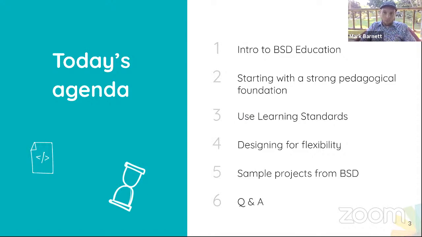First step is starting with a strong pedagogical foundation, which will kind of give you something to lean upon and drive your values for what you want to create. Secondly, you'll need to kind of align yourself to some type of learning standards. And then third, designing for flexibility so that we can deliver the content digitally, physically, face-to-face, distance learning, hybrid, etc.